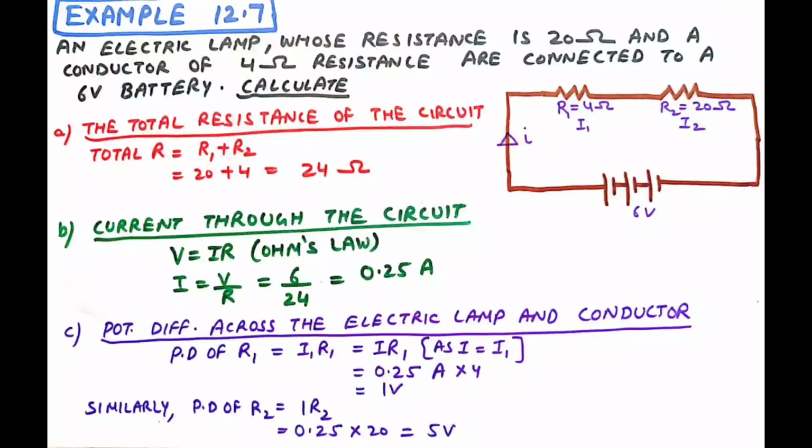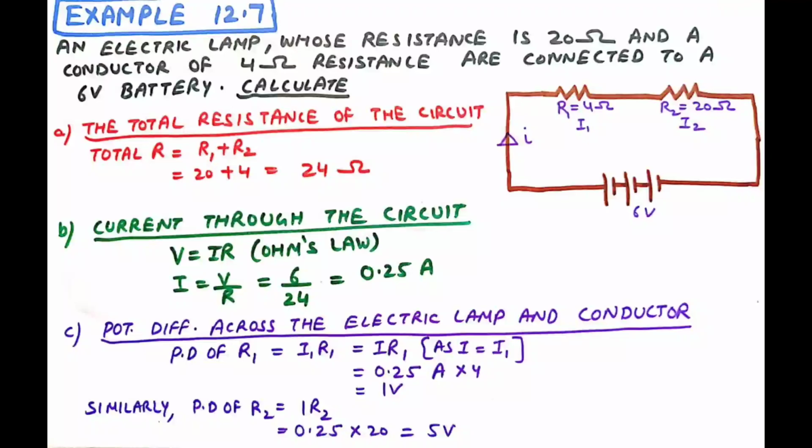Part C. In this we have to find the potential difference across R1 and R2, not across the entire circuit. So for this we will consider the current and resistance in R1 and R2. Let's start with R1 first.